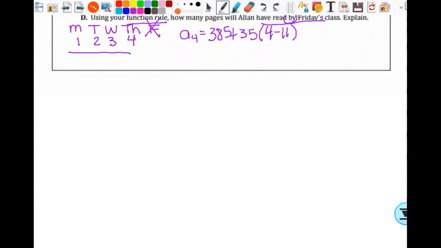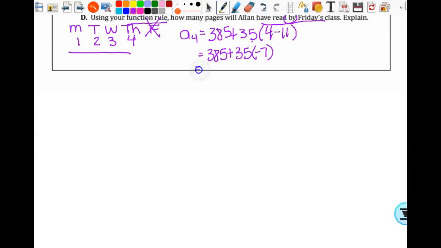It would be a little bit easier if I went ahead and distributed this first. Do you think that's going to be helpful here? I would say no. I'd say that'd make it worse, personally. So this is going to give me 385 plus 35 times negative 7.